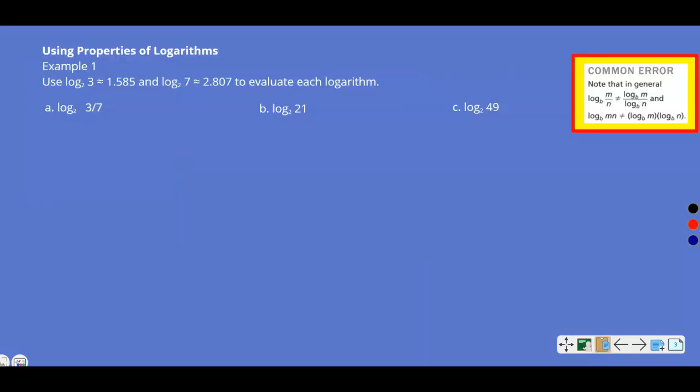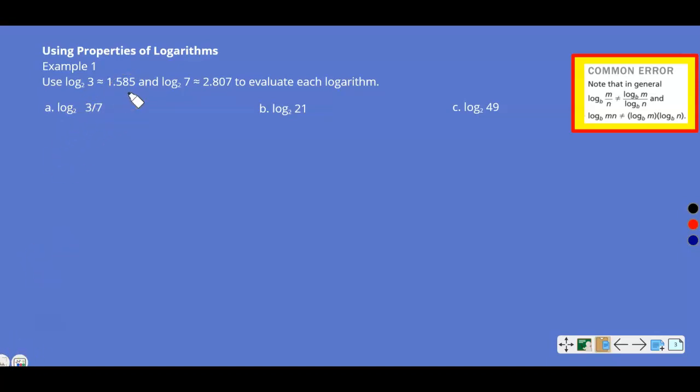Example 1, using properties of logarithms. Use log base 2 of 3 is approximately 1.585 and log base 2 of 7 is approximately 2.807 to evaluate each logarithm. All right, A part says log base 2 of 3 divided by 7. So here we're looking at a quotient of a logarithm.